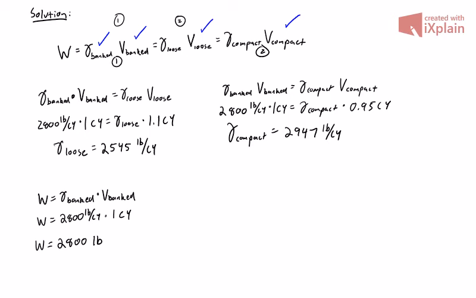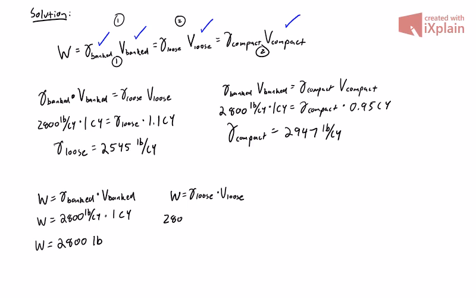Well, we know that mass is conserved, or in this case, weight is conserved. So we can rewrite these expressions to say that the weight is equal to the loose specific weight times loose volume.